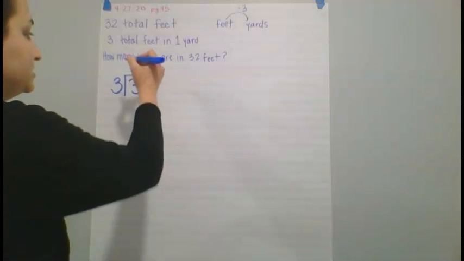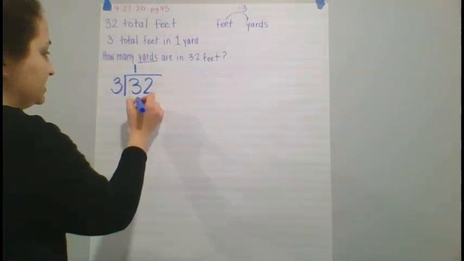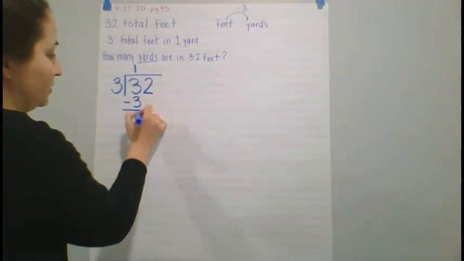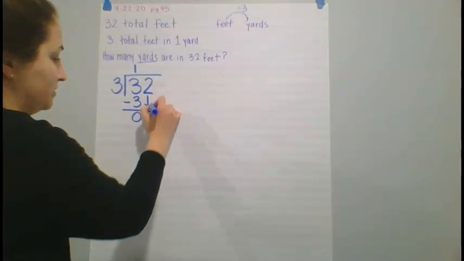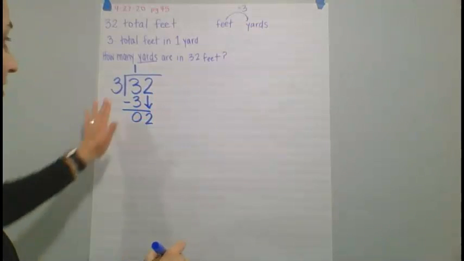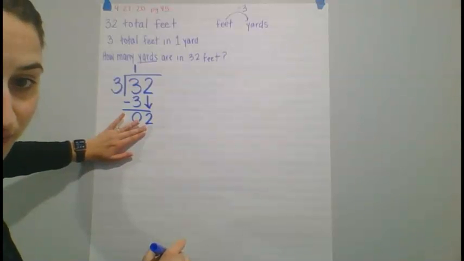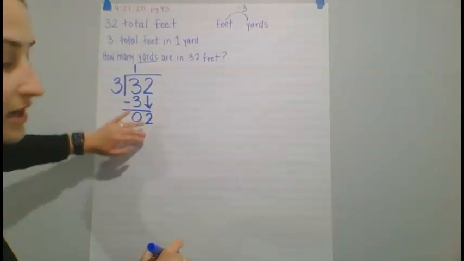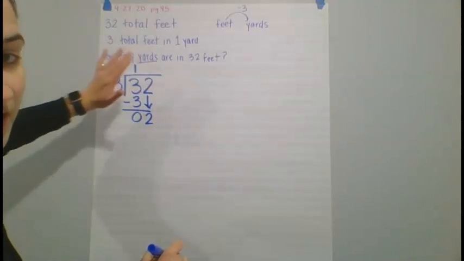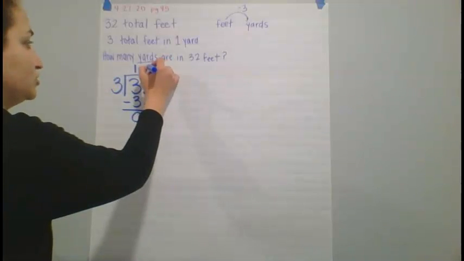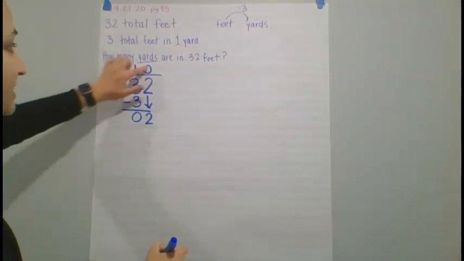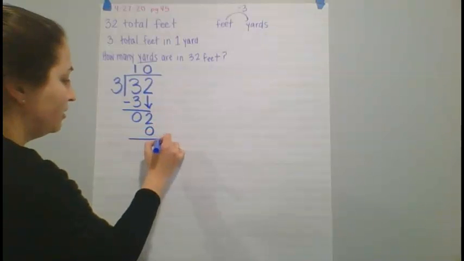So 3 goes into 3 one time. 3 times 1 is 3. We subtract, bring down our 2. 3 cannot go into 2. Remember, we don't just leave this blank. We have to say that 3 goes into 2 0 times. 3 times 0 is going to be 0.